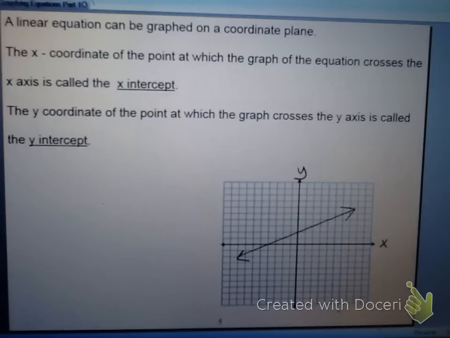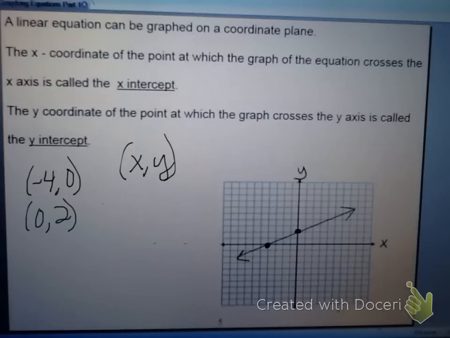So looking at this graph, the x-intercept is the point right here. That ordered pair is -4, 0. You must always give your intercepts in an ordered pair. Ordered pair is x, y. The y-intercept is where it crosses the y-axis, and that is right here. That is the ordered pair 0, 2.